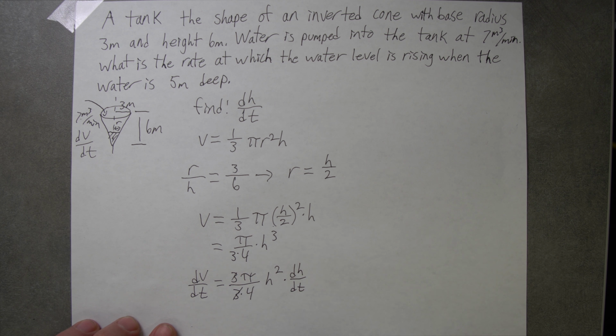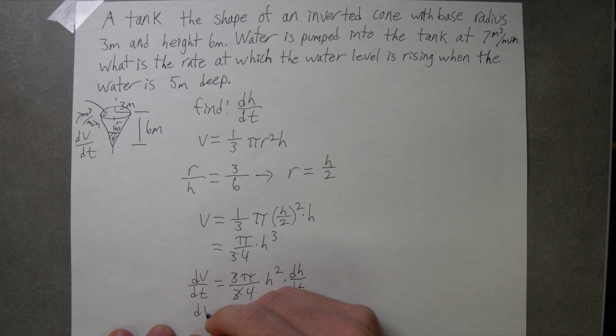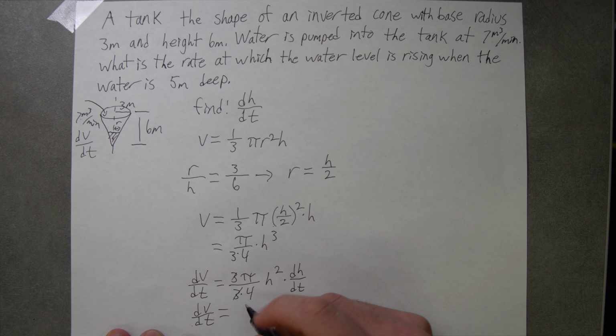So these 3's cancel out. What we get from this is that our dV/dt is equal to pi h squared over 4 dh/dt.